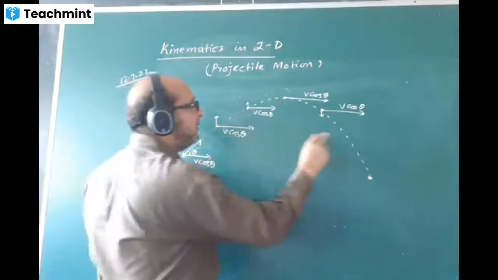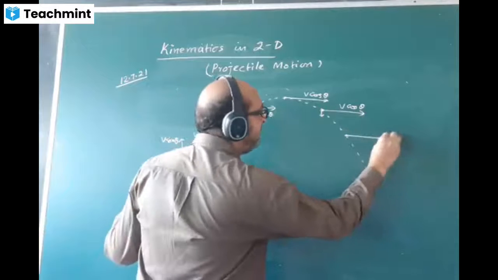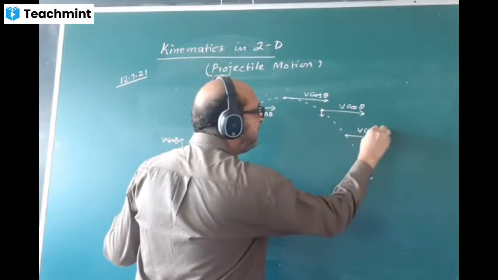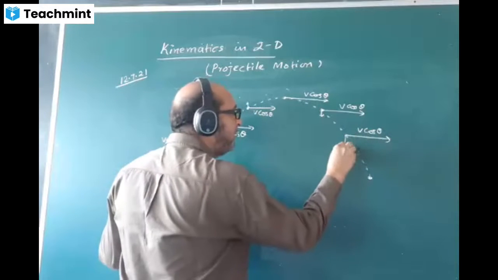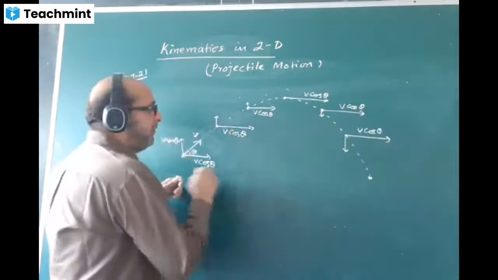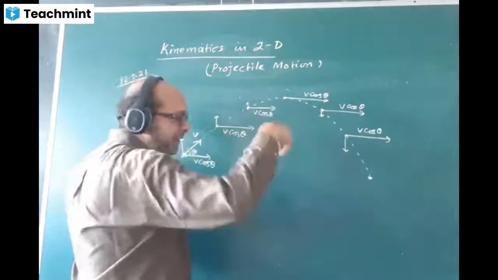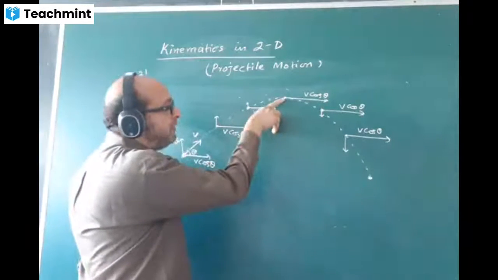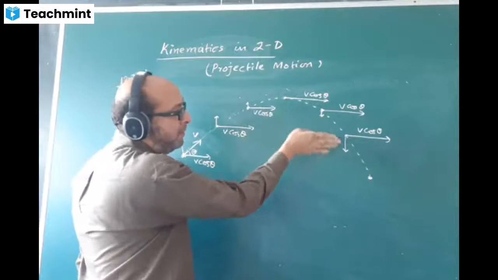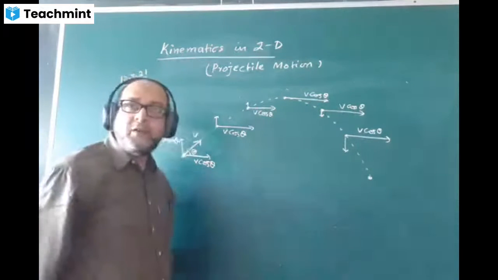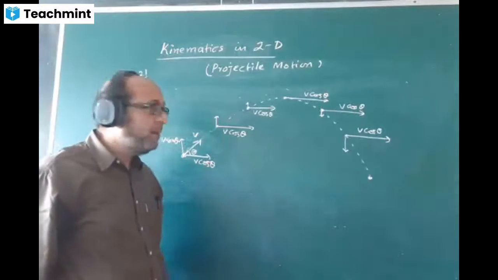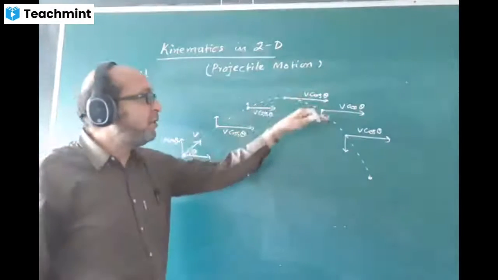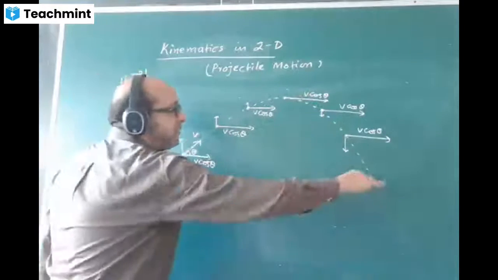The vertical velocity will be increasing now. When the body is falling down, the initial vertical velocity is 0, but not the horizontal velocity. It is still covering horizontal distance like this.